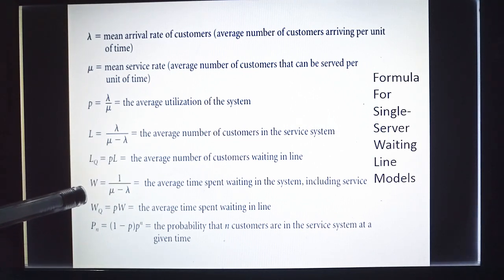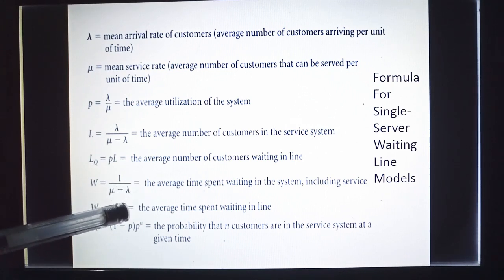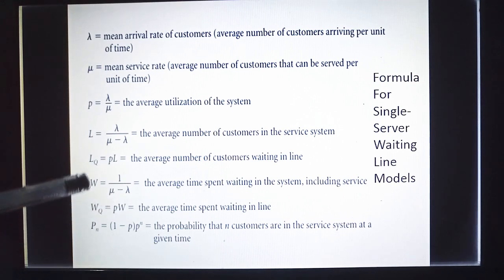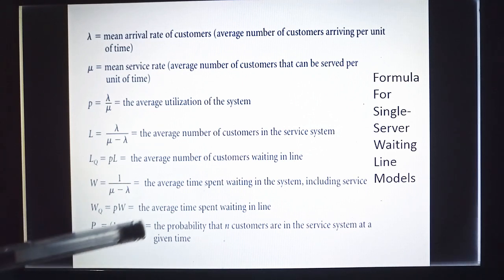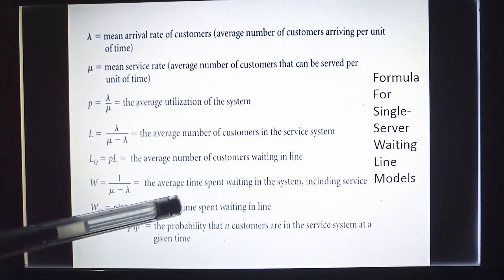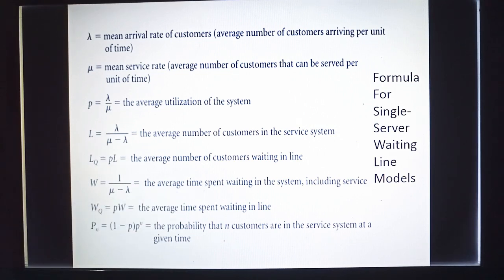And then W, that is the average time spent in the system, including the service, so that includes the waiting time. And then Wq, the average time spent waiting in line, in the queue.